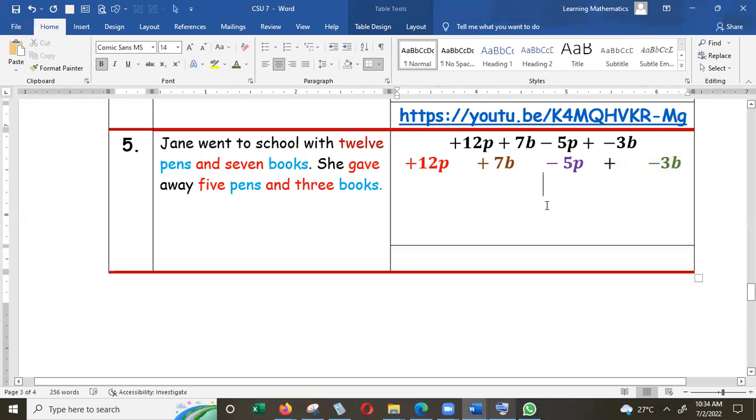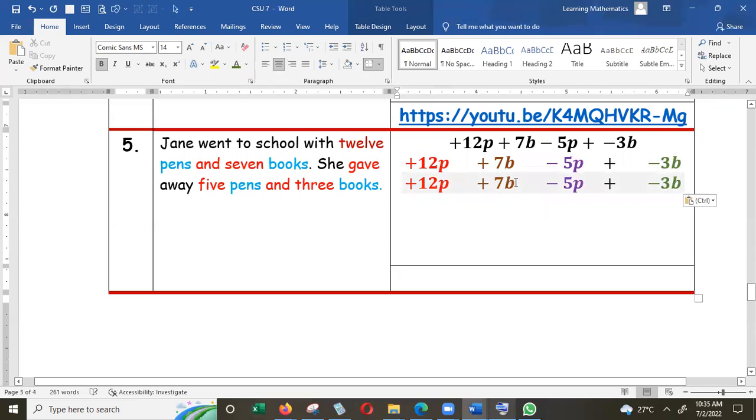Okay, so because pens and books are not the same commodity, we cannot have 12 pens and add 7 books and get one name for that. So this remains separate. 12 pens is not like 7 books. Pens are like pens and books are like books. So there is something called bringing like terms together. Like terms have the same letter with the same exponent.